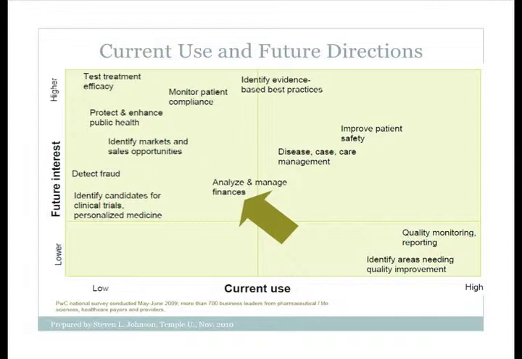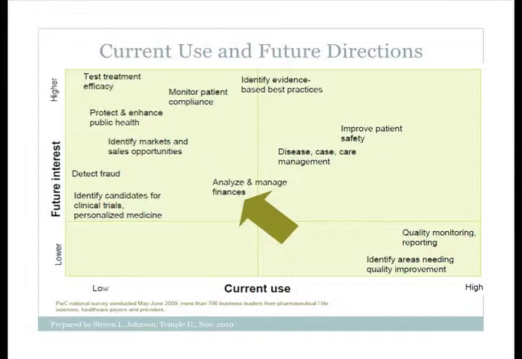The promise, or the hope, is that we can also look at actual outcomes from secondary use of data. This is a real opportunity. That ties in with improving patient safety, disease care management, and analyzing and managing finances, a little more in the middle there.